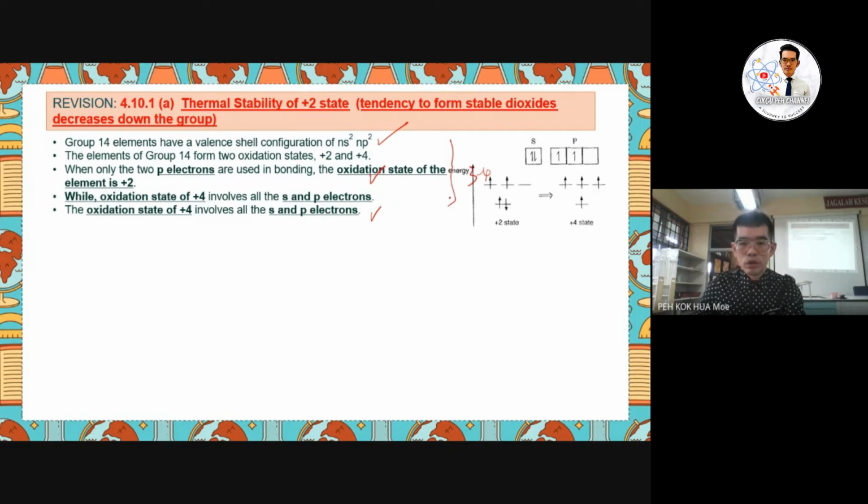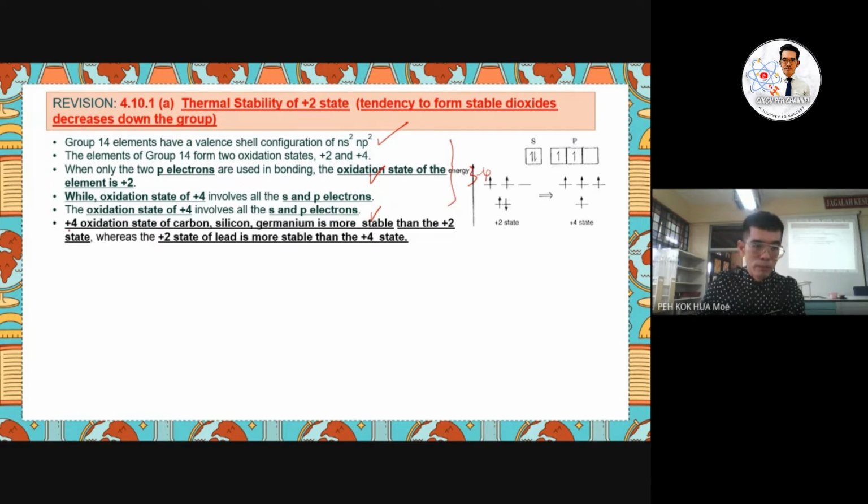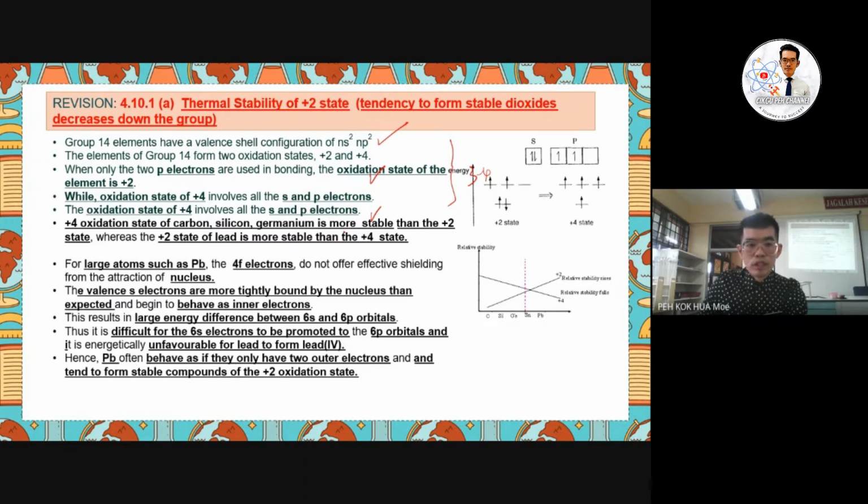Furthermore, you have to discuss in the +4 oxidation state which elements will be stable. So here, the +4 oxidation state of carbon, silicon, germanium is more stable than +2, while lead will be more stable at the +2 oxidation compared to +4. And then you have to give the reason. Here is the theory why carbon to germanium, including tin, will be more stable in +4, while lead will be stable at +2.